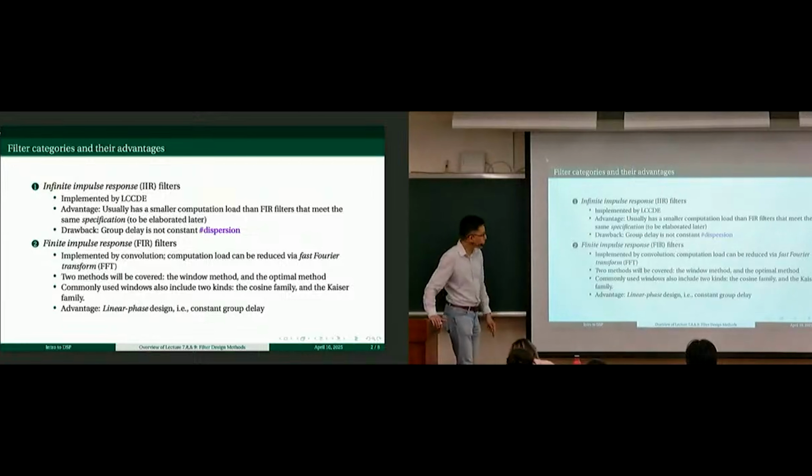If a filter has an impulse response with finitely many non-zero samples, starting from time 0 and it ends at time 100, so that's a finite impulse response. If the length of the impulse response is finite, then we call it an FIR filter.